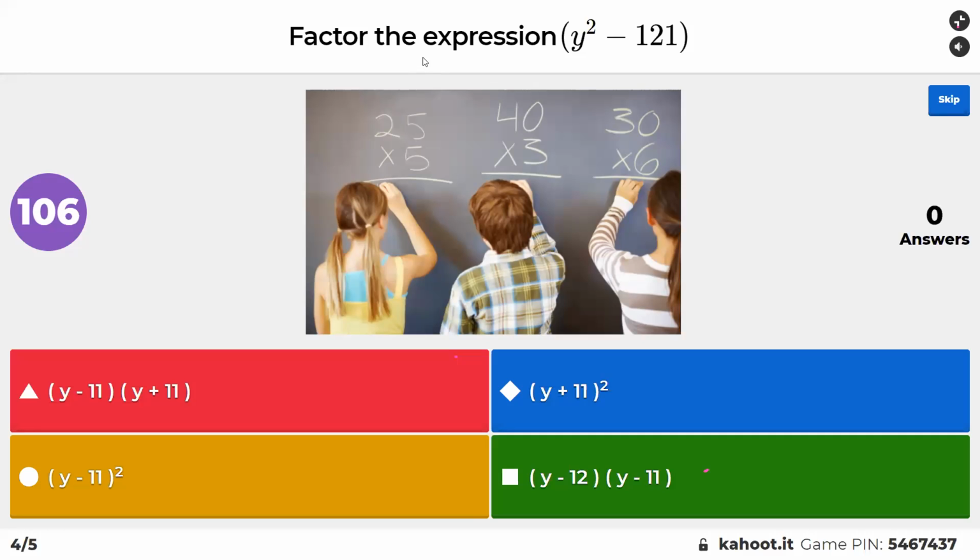Yellow here now. Factor the expression y squared minus 121. I can't see the screen. Is it minus or plus?